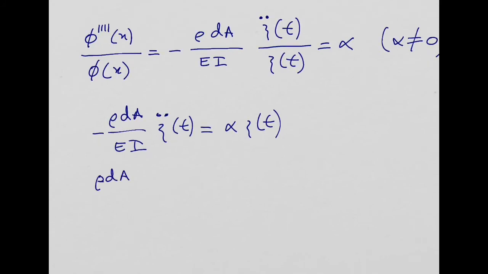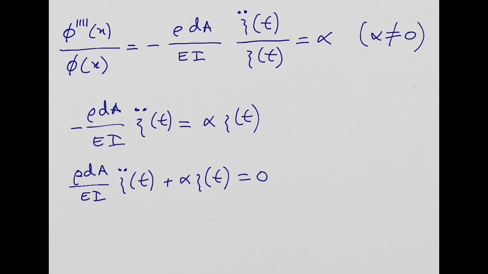Rho dA over EI xi double dot plus alpha xi of t equal to 0. Or if you divide everything by rho dA over EI, you get this equation here.